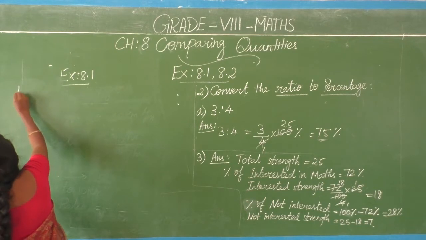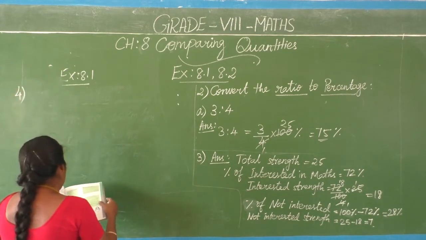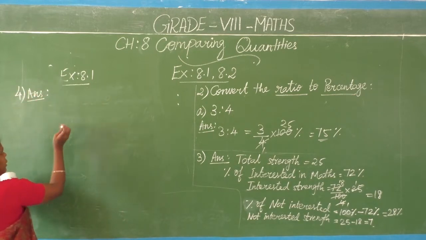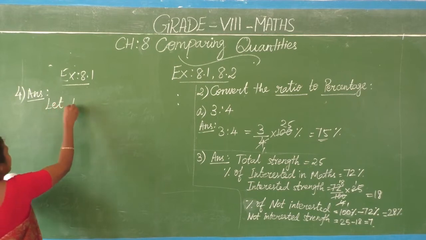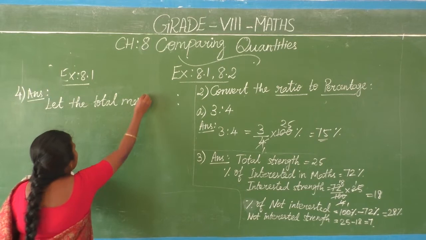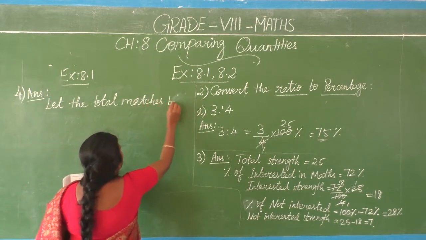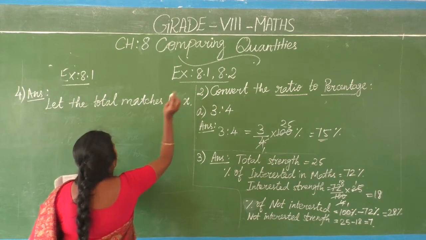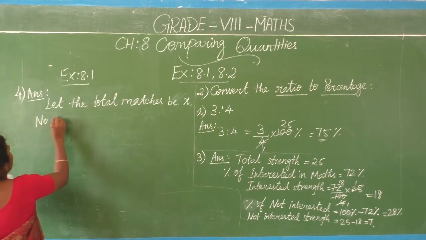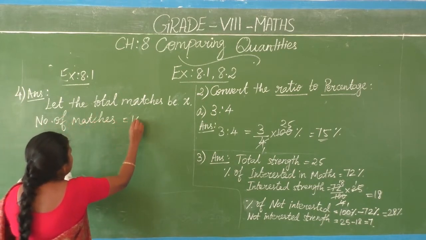See, fourth question. The football team won 10 matches. We don't know here the total number of matches. That only we have to find out. So let the total matches be X. Number of matches won is 10.